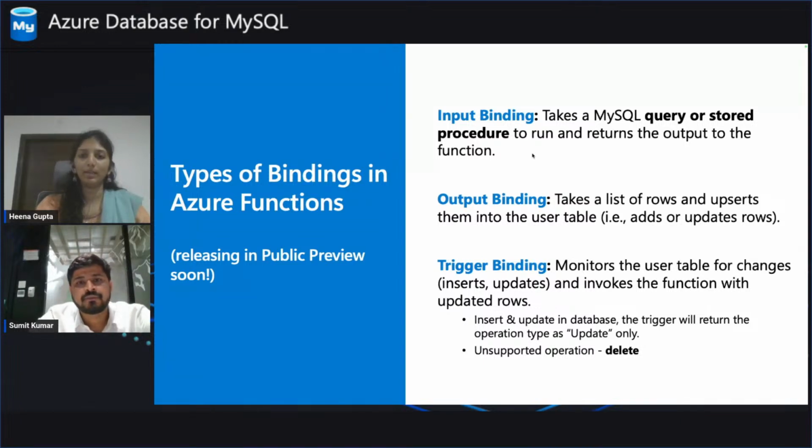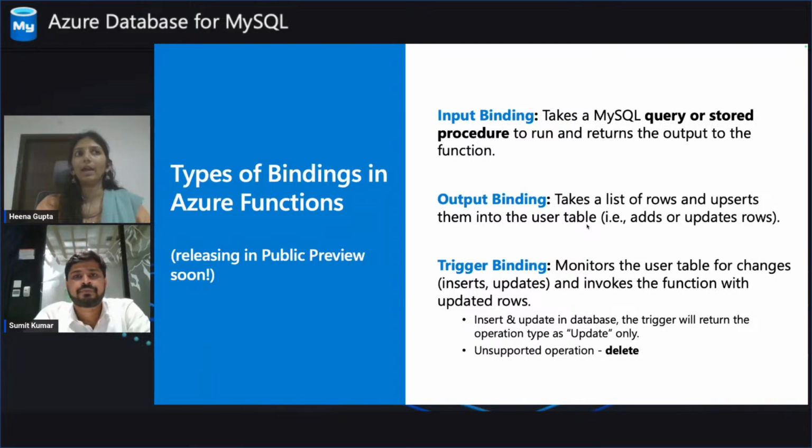You can query the database using select statements, or you can execute a stored procedure. For output binding, it takes a list of rows, or a single row, and it upserts them to the user table, depending on the primary key. If the primary key already exists, the data will be updated. But if the primary key does not exist, a new row will be created in the database.